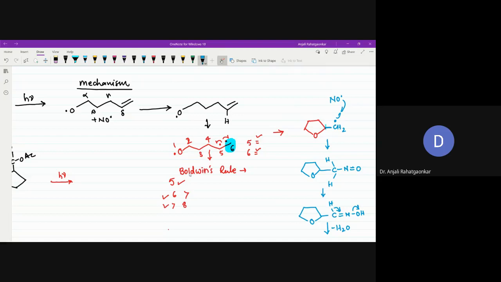And you can get the priority of the ring formation, if 5/6 or 6/7 or 7/8, etc. So this is the way you can form the ring, and further with the chemistry of protonation and deprotonation, you can form the final product. समझ में आया ये रिएक्शन?